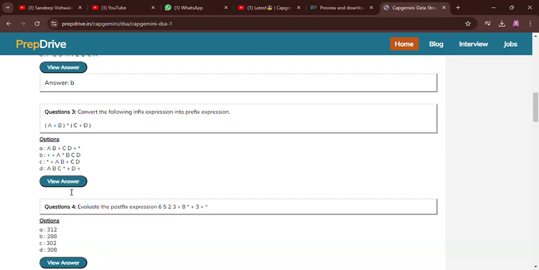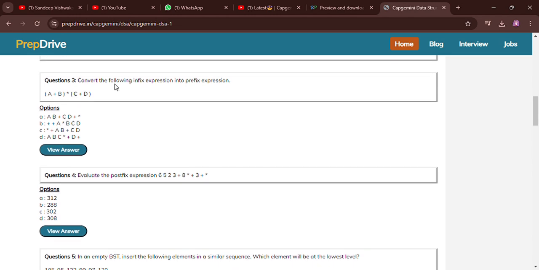The third question is: convert the following infix expression into a prefix expression. We solve it using the stack data structure. In a prefix expression, we first take the operator, like plus, minus, multiply, divide, and then the first operand and then the second operand.